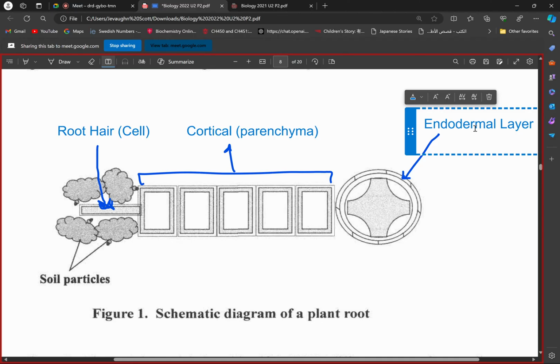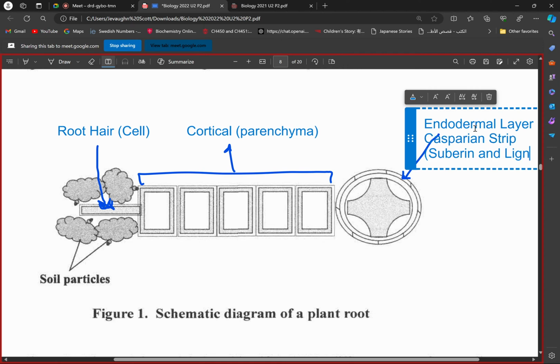It has suberin. What has suberin and lignin? What is the name? Casparian strip. The Casparian strip. Right? And it contains suberin and lignin.